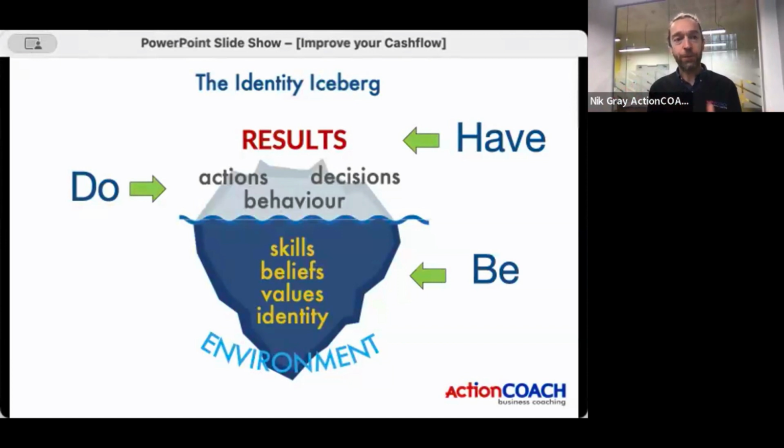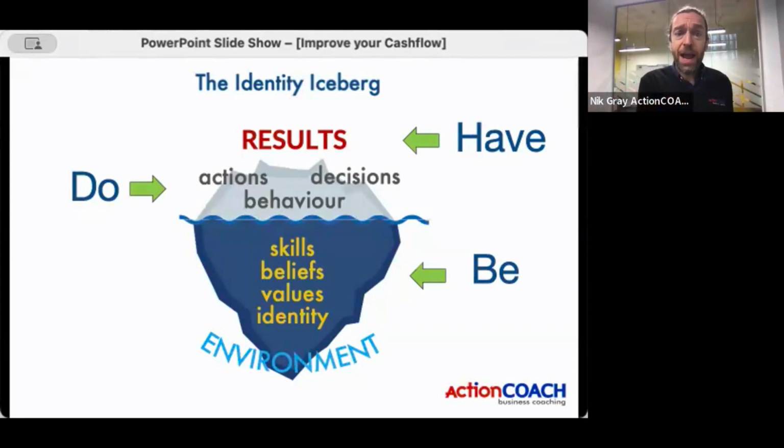So I want you to score yourself on the 10 items here. You don't need to share the score, but on results, score yourself out of 10 how clear you are on what results you want in a cash flow environment. It could be anything else, but in this instance, we're talking cash flow.